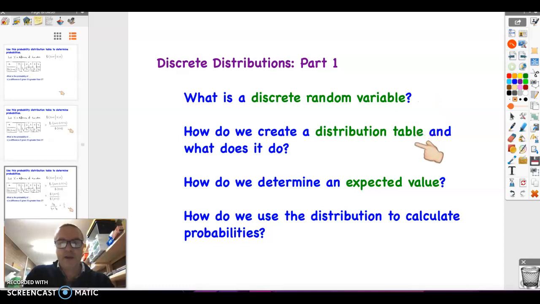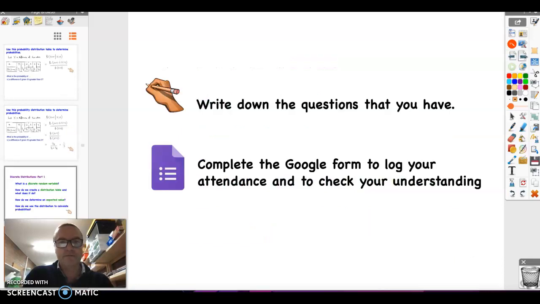We've seen how we create a distribution table. We've talked about the properties that that table has. We've used the formula for calculating an expected value, which is a measure of central tendency. And finally, we've used our distribution to calculate 4 different probabilities. And you've seen the notation that I've used for each of those.